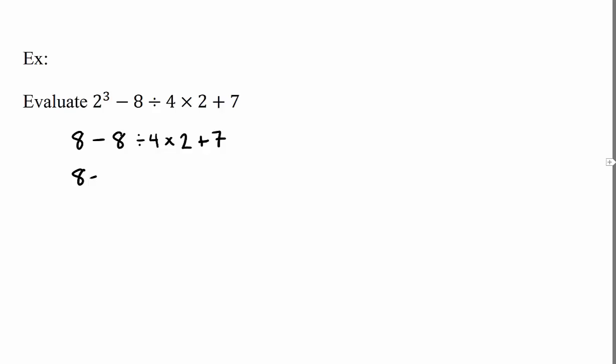So I'm going to do 8 divided by 4 first. 8 divided by 4 is going to give me the 2, and then I'm going to multiply that by the other 2 and get a 4, and then this is plus 7 still. Now I just have addition and subtraction, and so I'm going to do that in the order that it arrives in the question. 8 take away 4 is 4, and 4 plus 7 is 11.